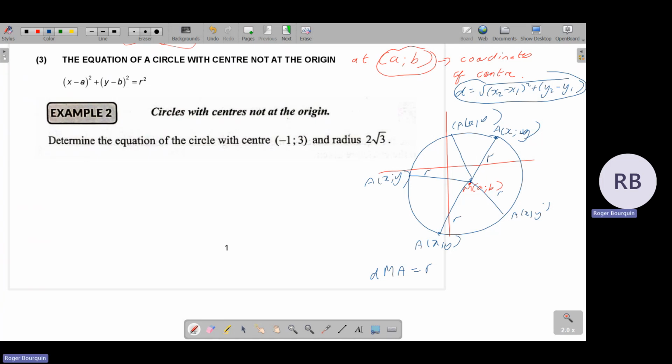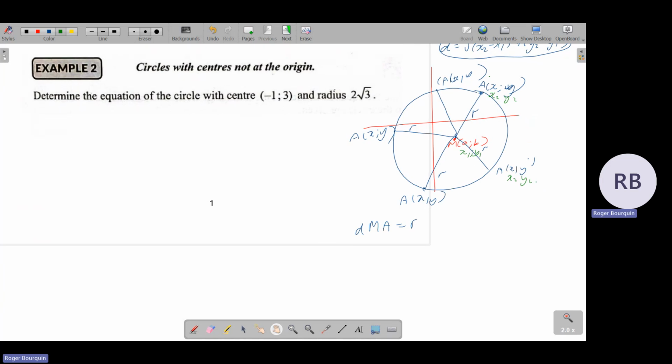So if I call this point over here, the center, x1, y1, and I call this point over here x2, y2, all of them, then what's the distance of MA going to be? Come on, try. In this particular case, I'm going to make this into x2, y2.